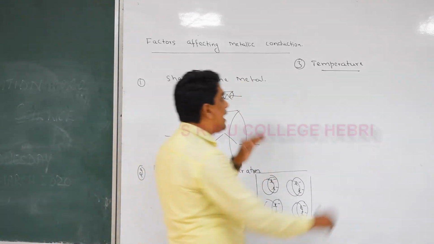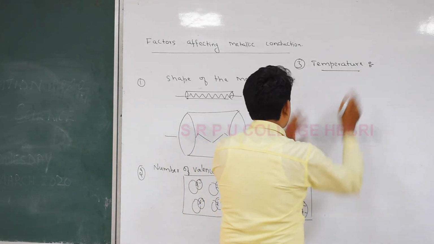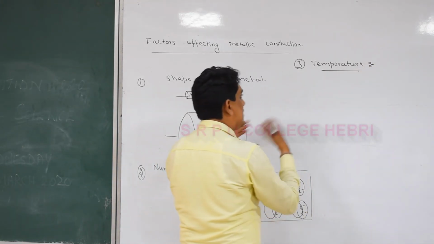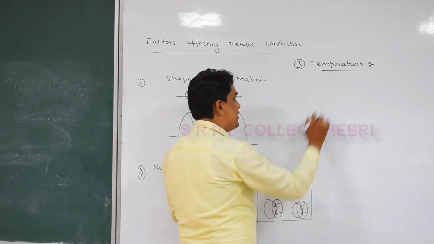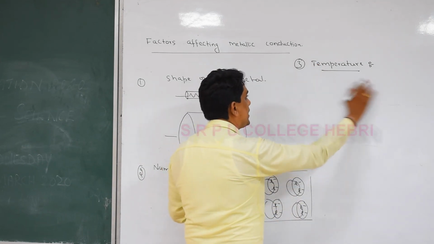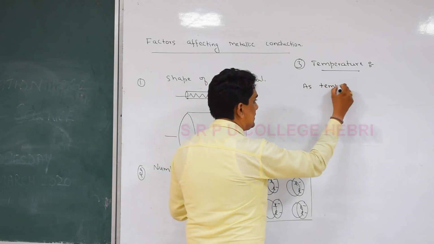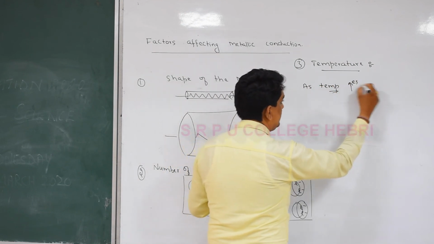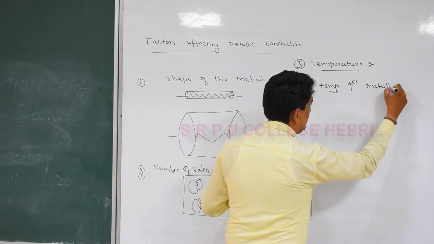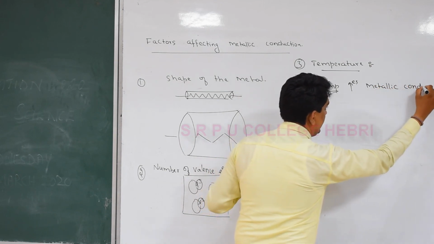If you want, you can add the point which has already been discussed, though you already took it as a point in the notes; still, if you want, write it in one line: as temperature increases, metallic conduction decreases.